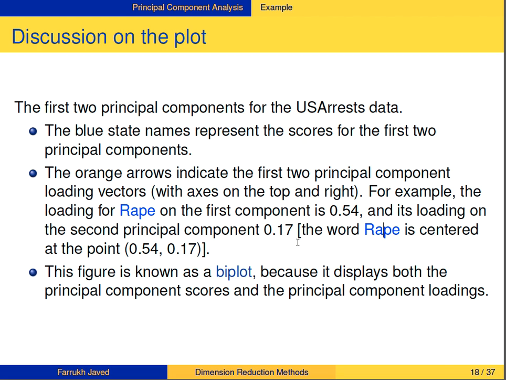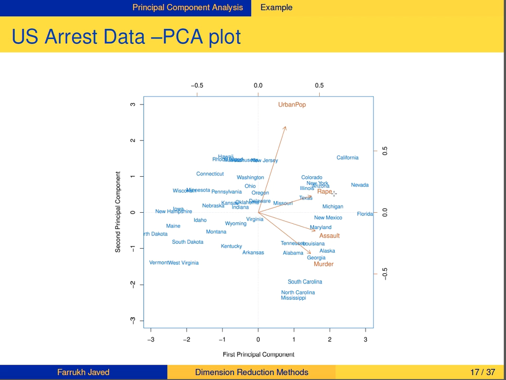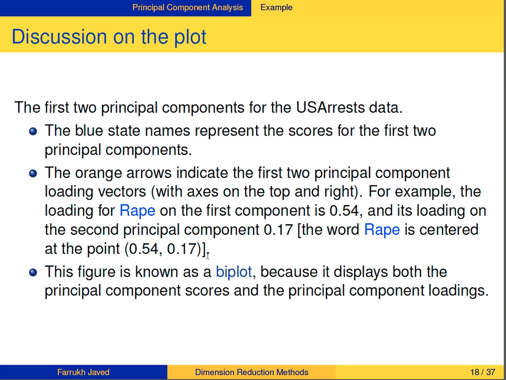So the word rape is centered at this point. So now you can see how you can define rape in this graph. If somebody asks you for the coordinates of rape, it will be 0.54 and 0.17. And this graph is called the biplot because it displays both the principal component scores and principal component loadings together. Scores mean the Z values, and the loadings are the lambda values.